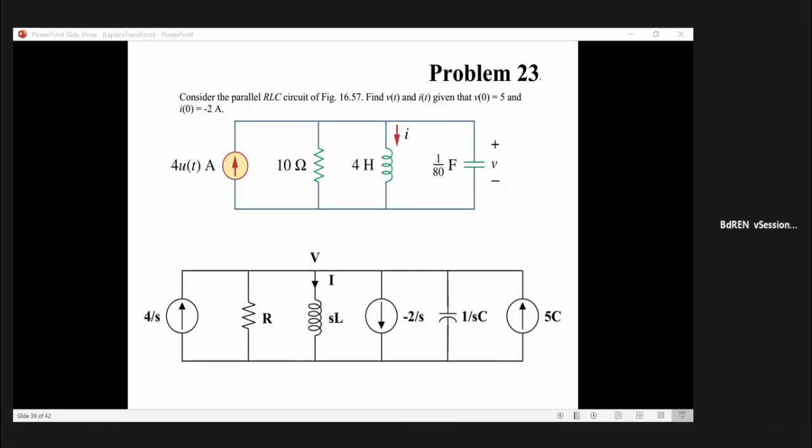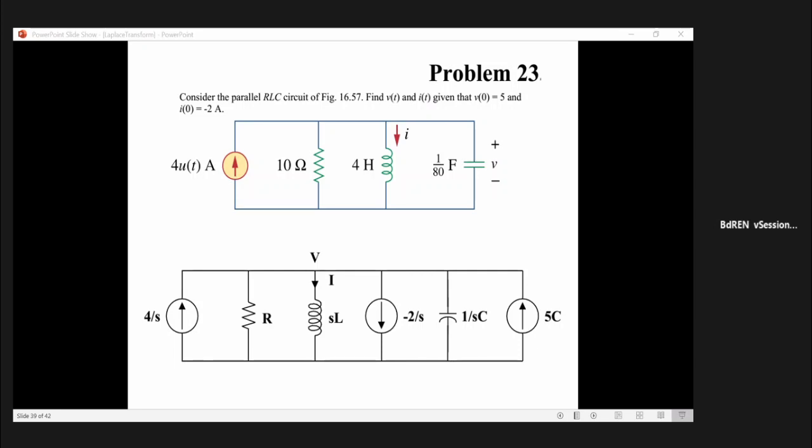Now I will be dealing with another problem. The network given at the top is in time domain form. The initial values of the inductor current and capacitor voltage are also given, and the polarity of the capacitor voltage and the direction of current through the inductor are very important in representing them in the Laplace domain, because we will be using sources to represent the initial values.